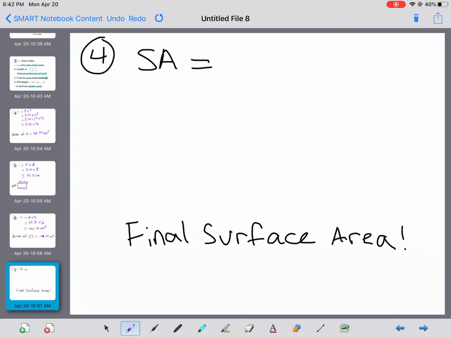The final thing that we have to do to find the surface area is to simply add up all of the areas of the surfaces. We'll start with the area of our rectangle. If you think back to our net, we have a rectangle and 2 circles.